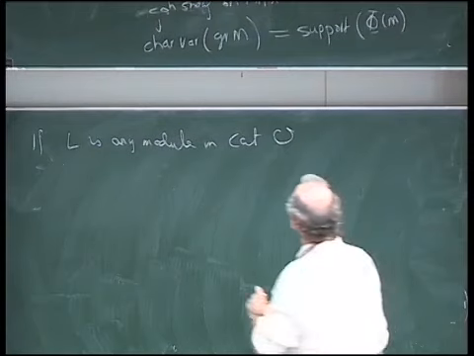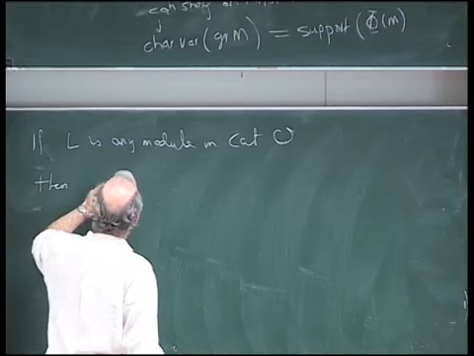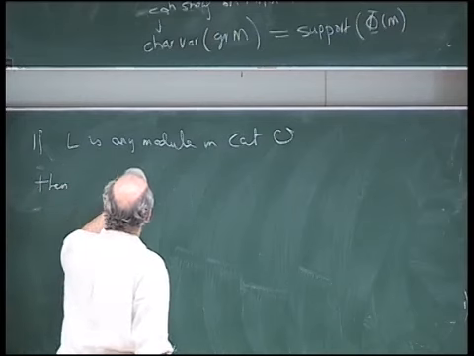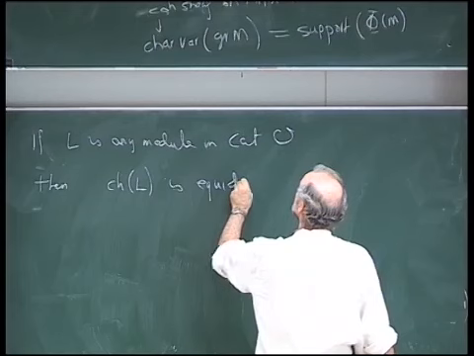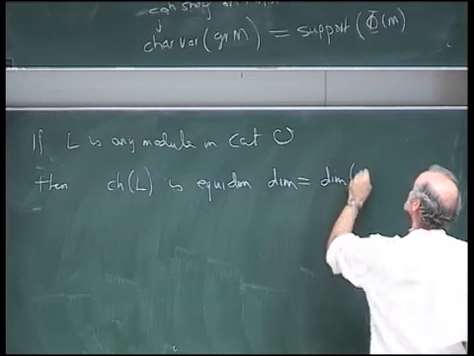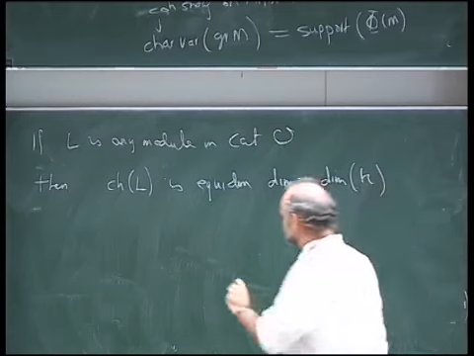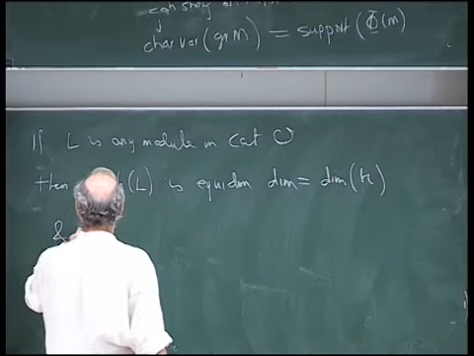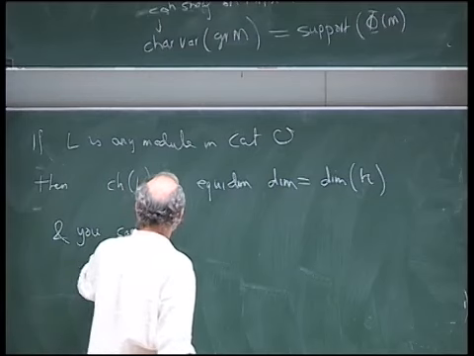So if L is any module in category O, then in this way, the characteristic variety of L is equidimensional, of dimension equal to n. And you can more or less write it down.